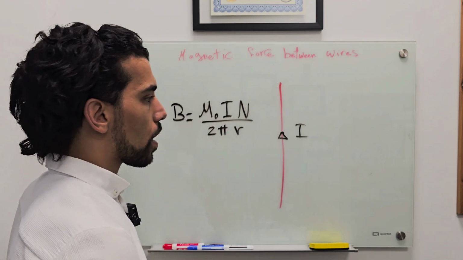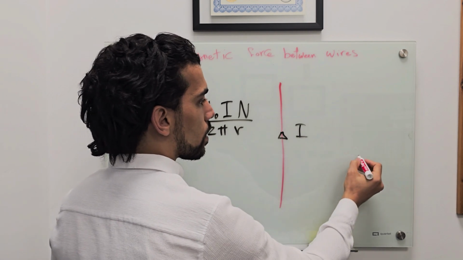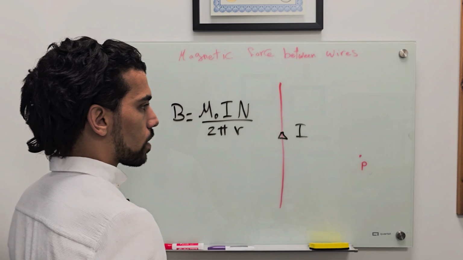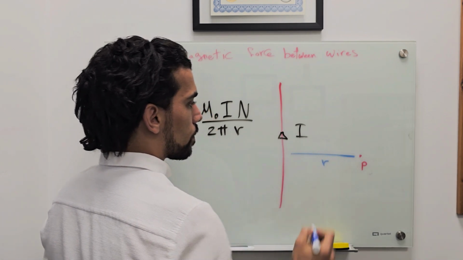And r is the perpendicular distance from the wire to the point itself. So let's say it is this distance. This is r.